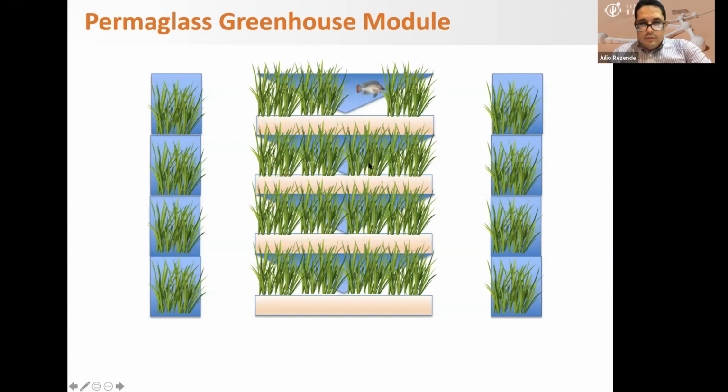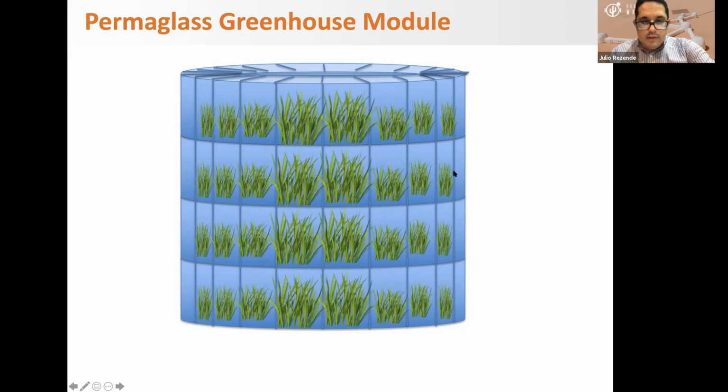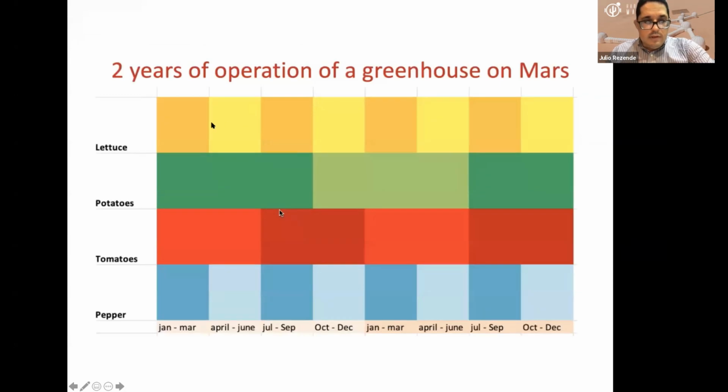Here we have another representation of how the plants would be cultivated, also with fish in the middle stage. Also, the vision of the permaglass greenhouse model that we are proposing, and the plants cultivated in the model. We need to consider in the greenhouse cultivation process that during a cycle of 2 years, some plants would represent different cycles of production.